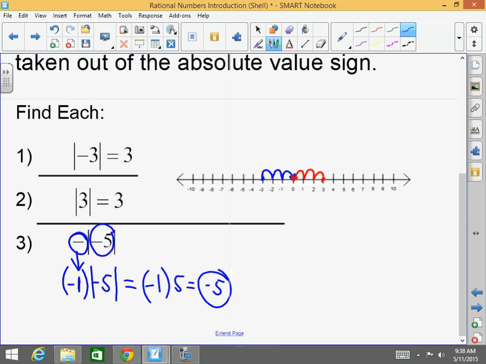No. The absolute value of negative 5 is 5. See, from here I went to positive 5. However, this invisible negative 1 must be multiplied to that 5. So 5 times negative 1 is negative 5. So please be aware of how to use absolute value correctly.